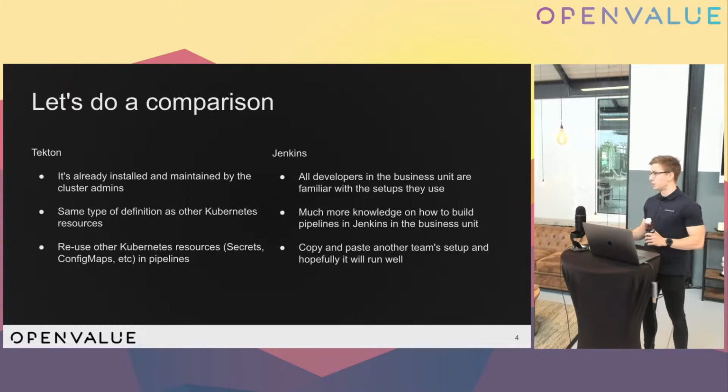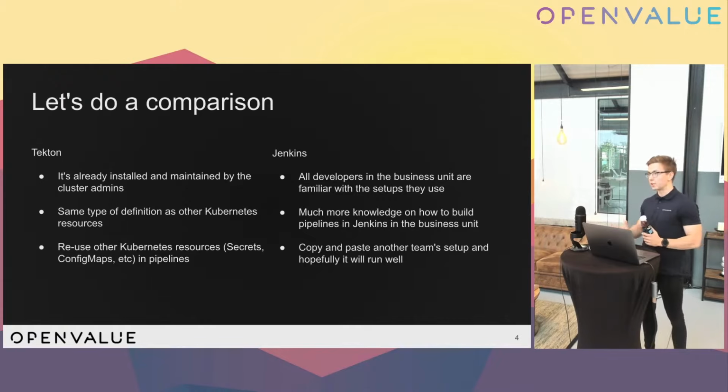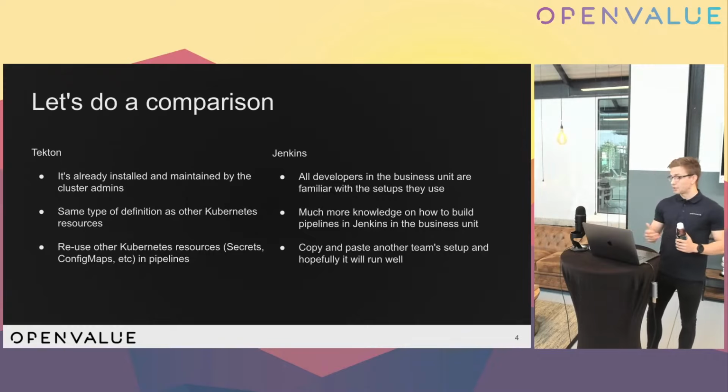So if you're familiar with creating Kubernetes resources, then you're pretty much up to speed real fast with creating your pipelines in Tekton. And the reuse of Kubernetes resources is also a very strong pro for using Tekton, because if you create a secret, for example, or a configuration map, then you can really easily integrate that in your pipeline. I'm also going to show that later, and also in the demonstration that I created, I did the very same thing.